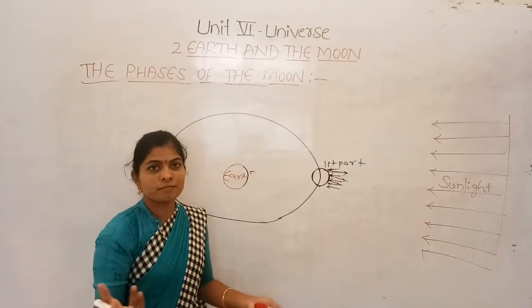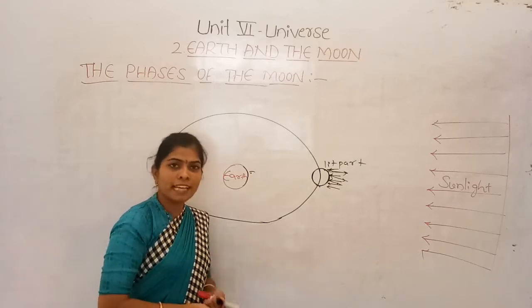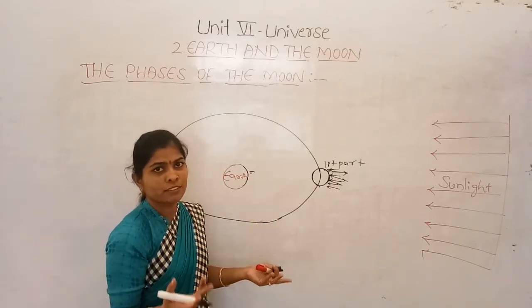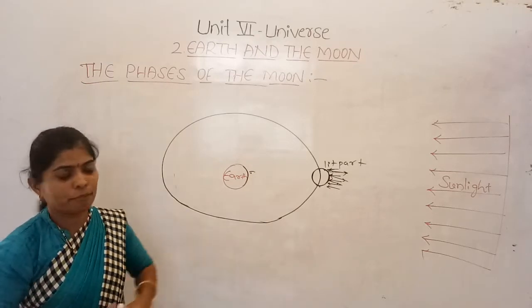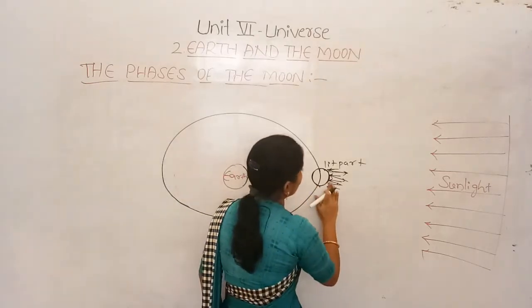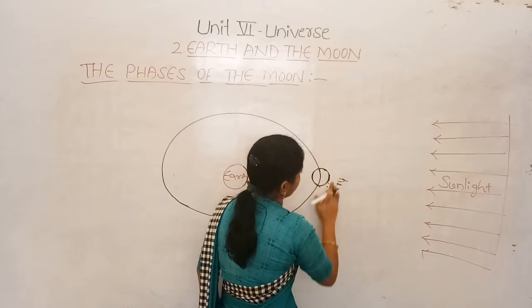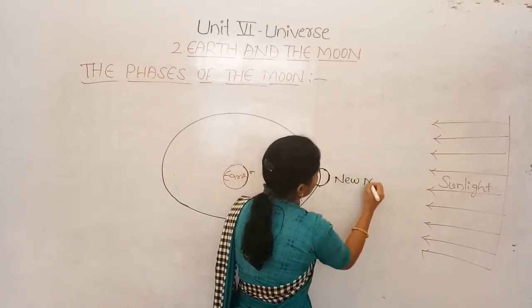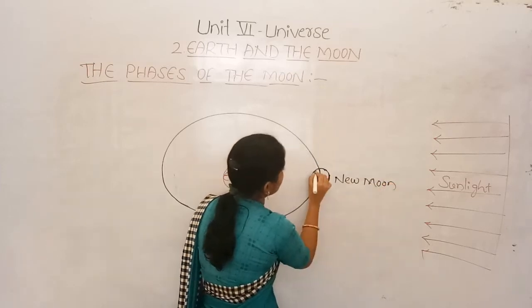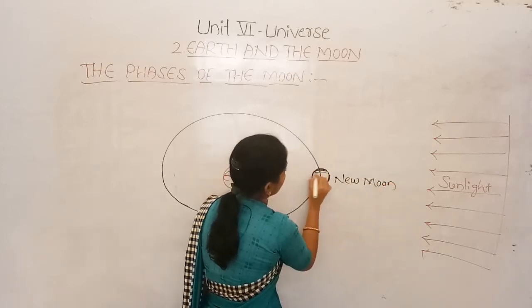Then what can we see? We are not able to see any moonlight, so we are not able to see the moon clearly at this time. This we call the new moon. This new moon, we are not able to see clearly.